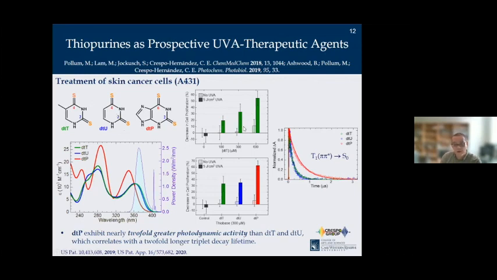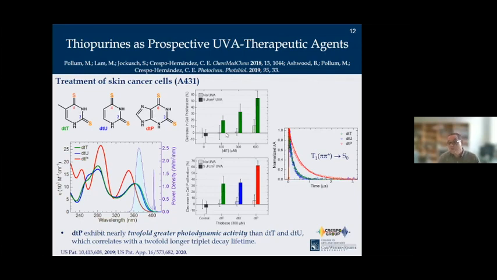We did similar cell experiments, including reporters of singlet oxygen. We found that the high efficiency of the photosensitizer is not related to singlet oxygen generation. So this is not a better singlet oxygen generator than the other two thiobases.